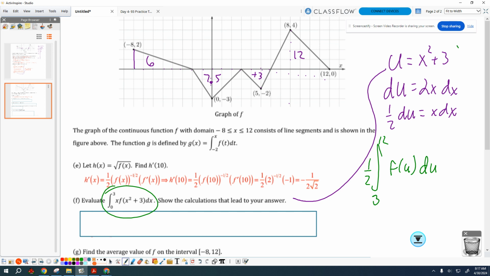So when x was 0, I need to change my basically mile markers to kilometer markers. So when x is 0, u is 3, and when x is 3, 3 squared plus 3 is 12. And so don't forget that.